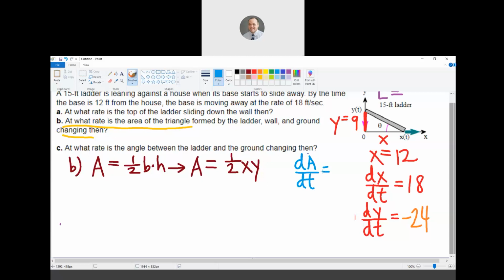Now let's take the derivative of both sides. The derivative of A with respect to time is the ratio dA over dt. Now on the right-hand side, because we have a product, we have to use the product rule.